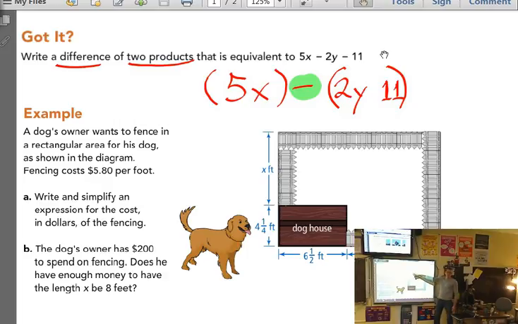This is going to apply to everything over here. You're absolutely correct. This would be plus. Because when that distributes, that would become minus 2y, and this would become minus 11.